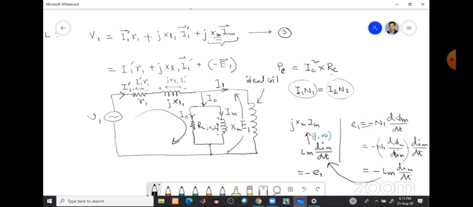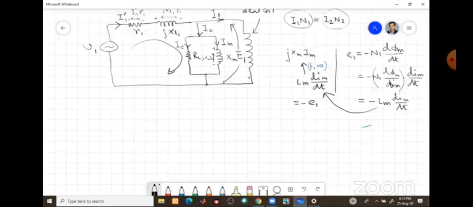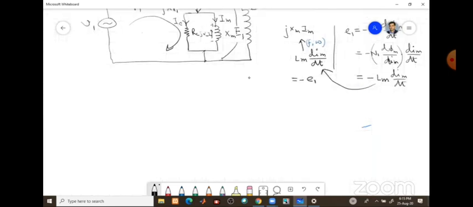But E1 we consider as an induced voltage, not a voltage drop. You can also say that E1 is the voltage of IC RC, so E1 equals either IC RC or j XM IM. That is the equivalent circuit for the primary.